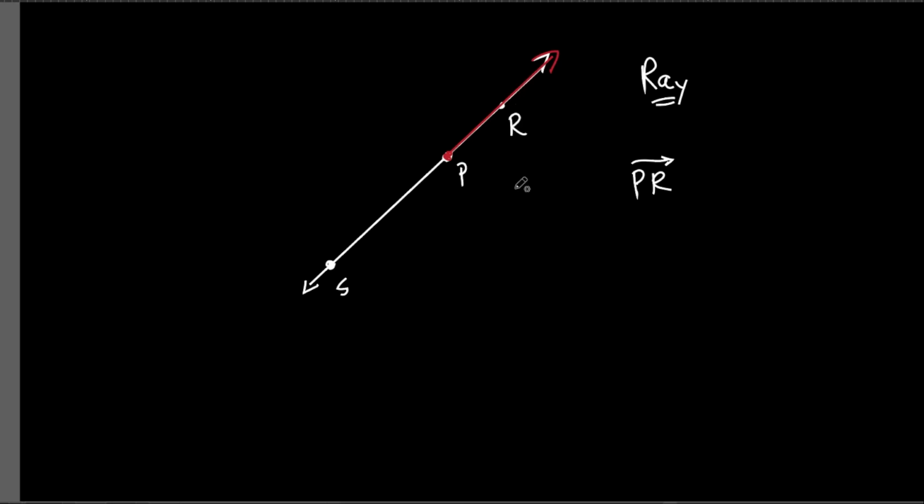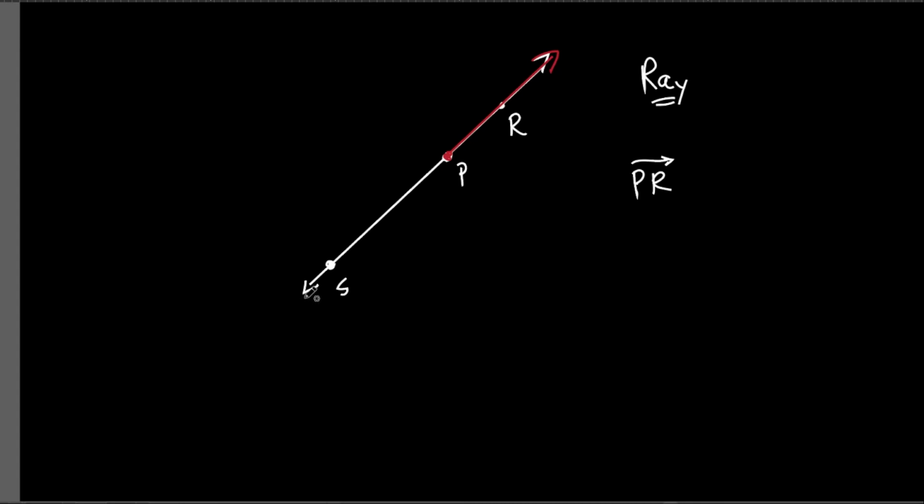Okay. Now there's a bunch of rays that you could do here. Let's go back to the white color. Now let me ask you this: is ray PR the same thing as ray RP? It's not, because what does ray RP do? It starts at R and it goes through P and it keeps on going in that direction.